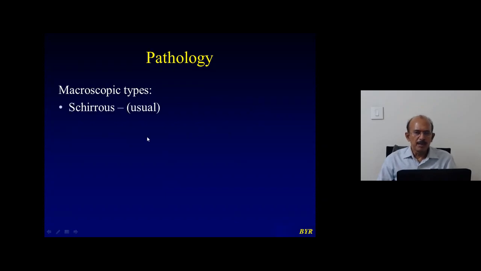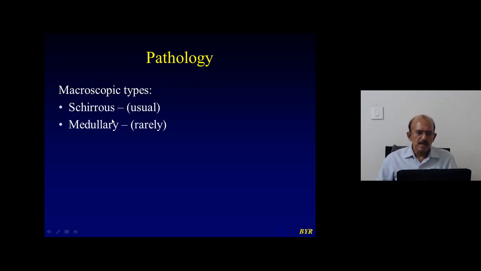Pathology: the macroscopic types, Scirrhous type, that is usual, that is common. Then medullary. What do you understand by Scirrhous? Macroscopically, when do you call a mass as Scirrhous tumor? When do you call a mass as medullary? In carcinoma of the breast also, macroscopically we will differentiate them into Scirrhous type, atrophic Scirrhous, medullary or encephaloid, like that.